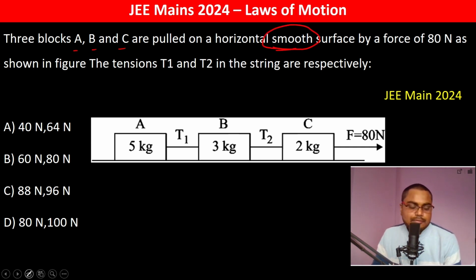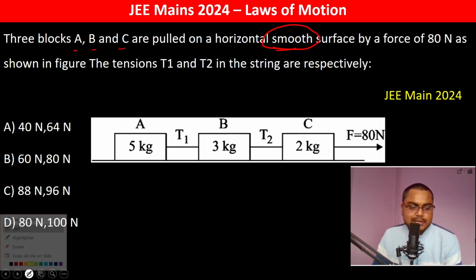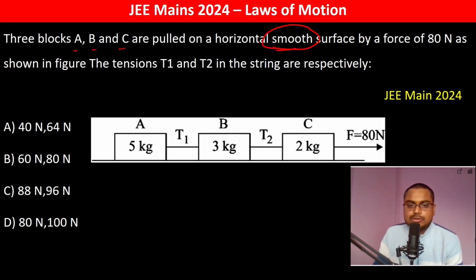Okay, so therefore what we can do is we can find out the FBD. चलिए FBD बना के करते हैं बेसिक मेथड्स। तो सब जो है इधर एक्सेलरेशन A से ही जा रहा है। तो अगर हम 2 kg वाले के लिए लिखें तो क्या हो जाएगा, अब देखिए ध्यान से, this is T2, this is T1, and this is T. So let us write the FBD equation of all.